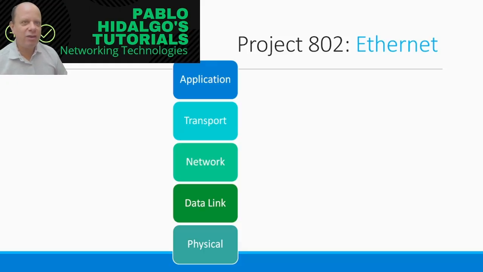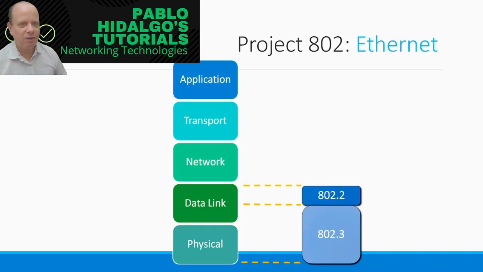Instead, it is a way of specifying functions of the physical and the data link layer of major LAN protocols. Ethernet is a family of networking technologies that are defined in the IEEE 802.2 and 802.3 standards. It operates in the data link and the physical layer of our 5-layer hybrid model.